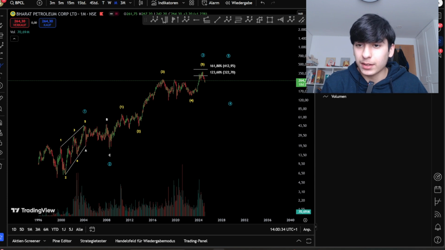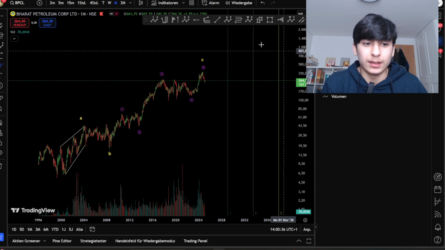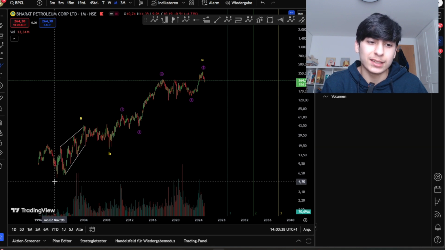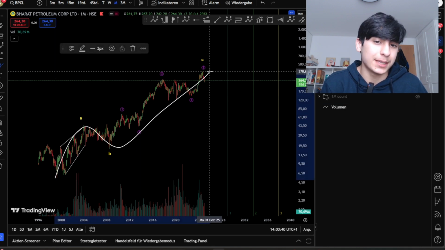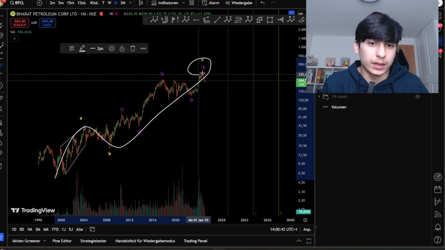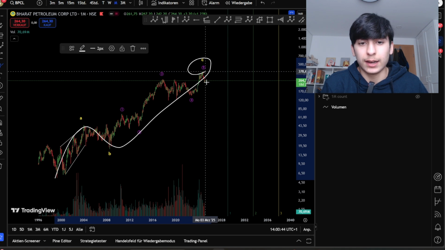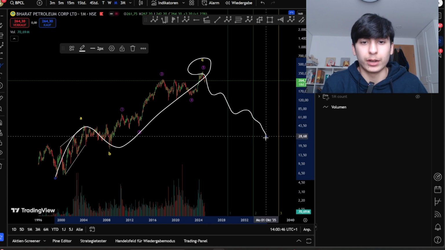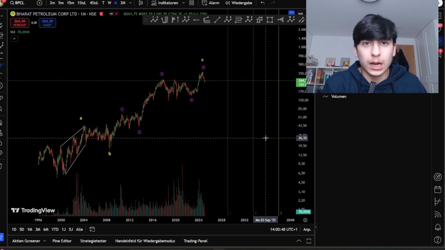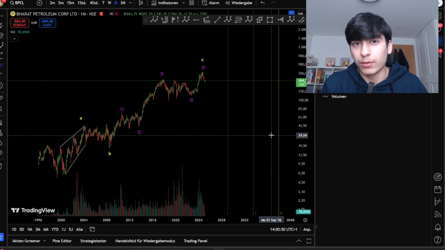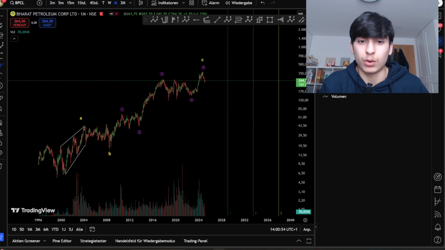And the other scenario then is an ABC, where this is not a 1, 2, 3, but an ABC, which is also finished at a high. And we are simply looking for far more downside. In conclusion, in both cases, we are looking for a retracement to the downside or a stronger retracement to the downside.